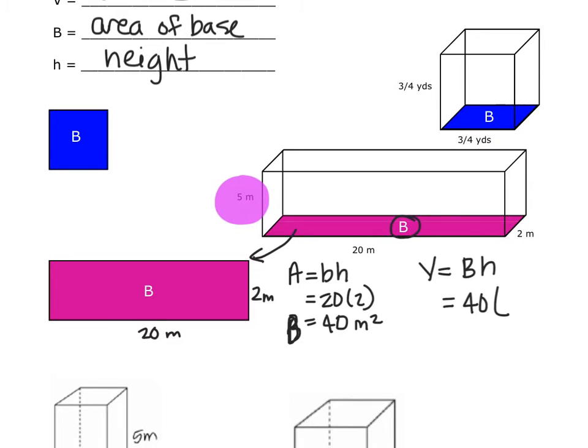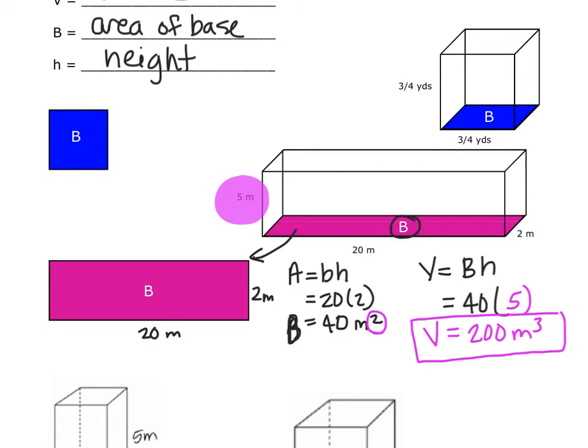That height is 5, and so then I multiply that, and I would have 200 meters. And because it's volume, and I already have 2 here, I added that third one in, we're going to have it cubed. So I've discovered that the volume of this rectangular prism is 200 meters cubed.